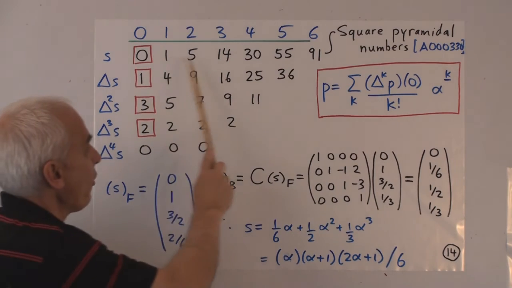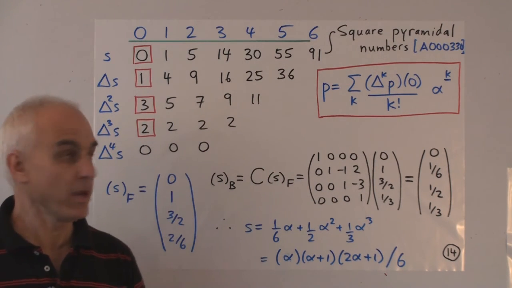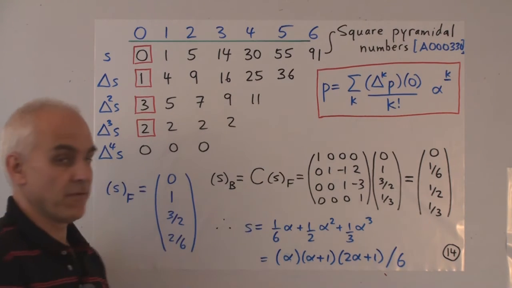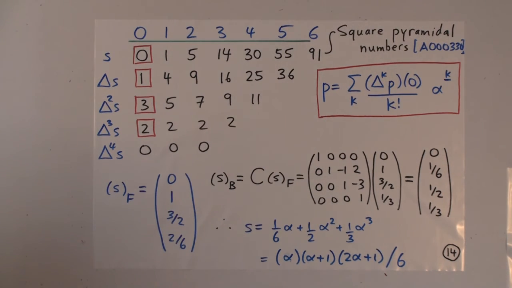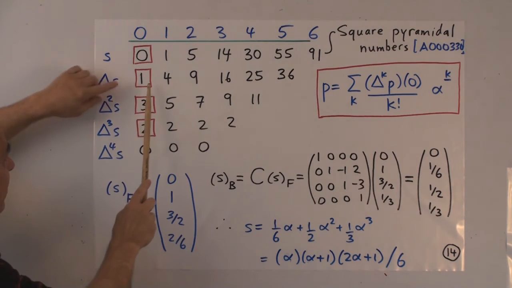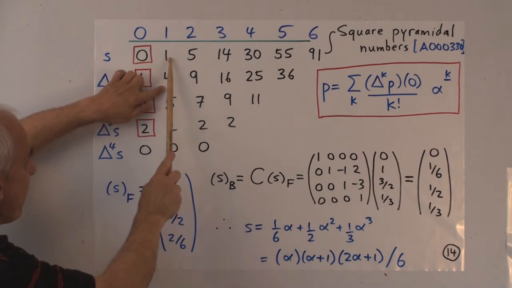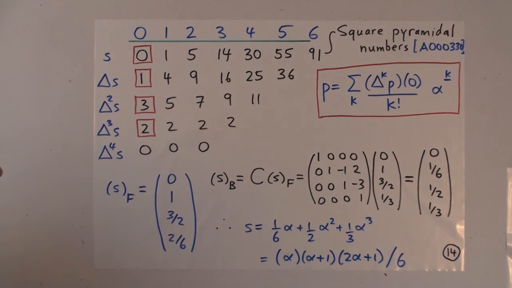We may suppose that we're just given that sequence and we're asked what's the general formula, how do you compute further terms. We'll call that sequence S. Our strategy is to calculate forward differences. Forward difference triangle S, so that number is 1 minus 0, this 4 is 5 minus 1, and so on.